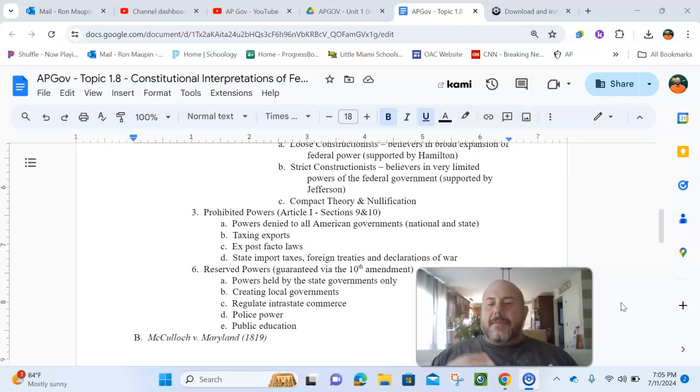Now, note, depending on the state constitution and the language, the states may basically say local municipalities and counties have the power to create police departments, and they go from there. But ultimately, when we talk about local government, police departments, and fire departments, that's all done at the blessing of the states, especially including things like public education and intrastate commerce.